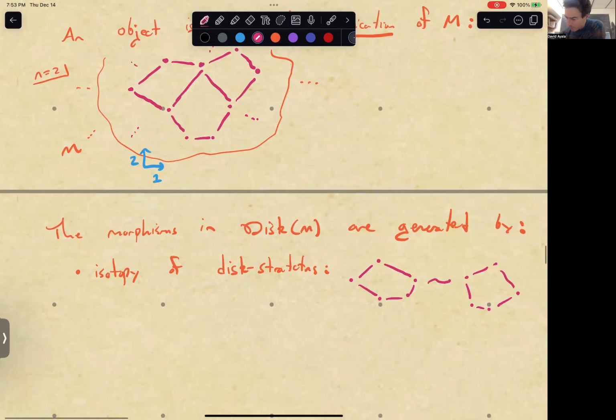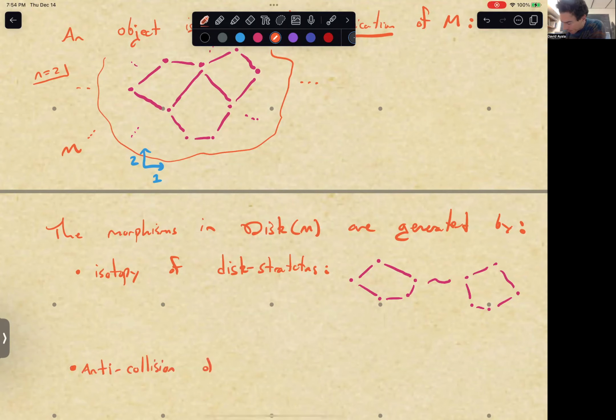Another type of move is an anti-collision of strata.